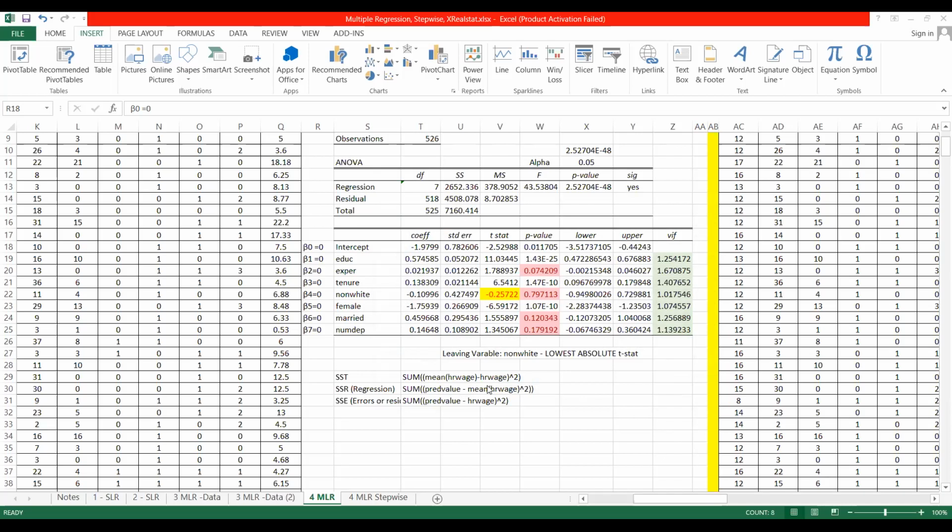Nakuha niyo ba? Network disconnect. Diyan, nakuha mo yung file.